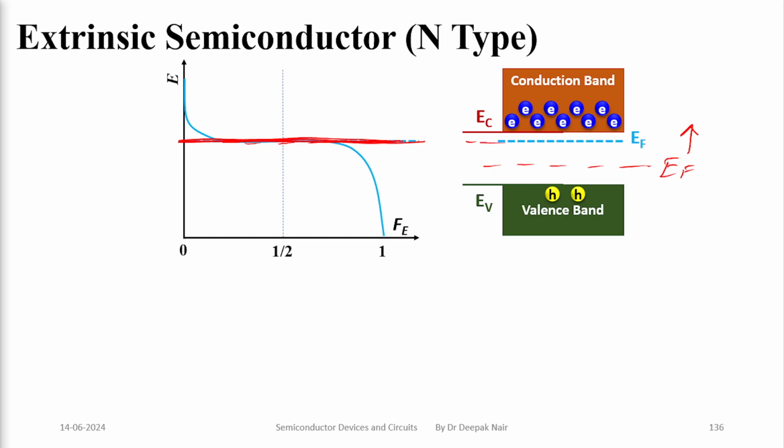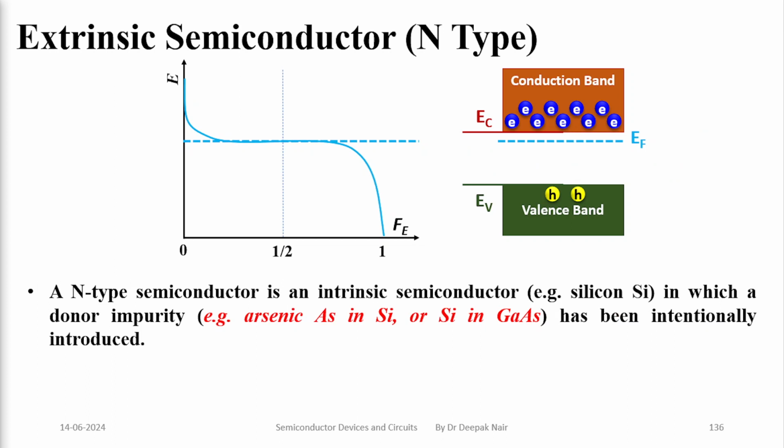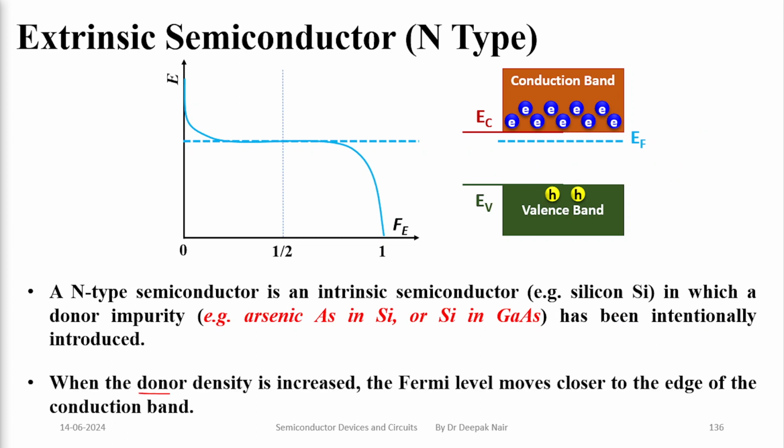So from this we can say that when the donor density increases, the Fermi level moves closer to the edge of the conduction band. Now why are we calling them donors? Because we have an extra electron which can be donated to any nearby hole of any other semiconductor. So these are called donors because we can donate electrons.